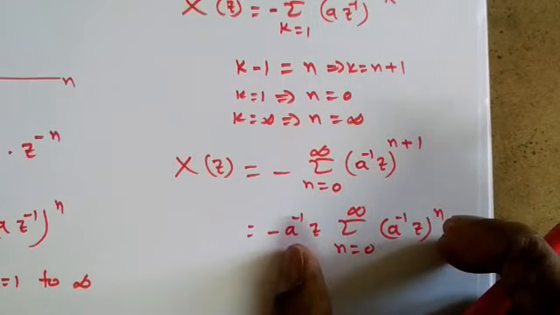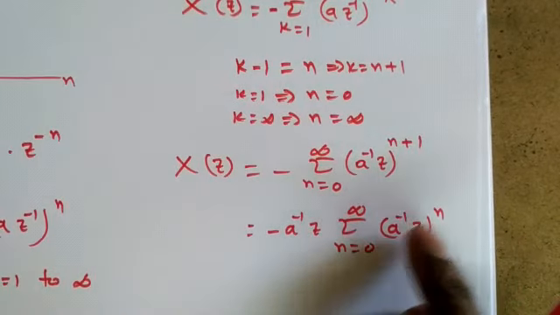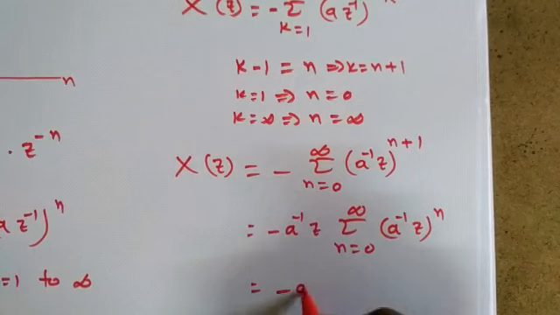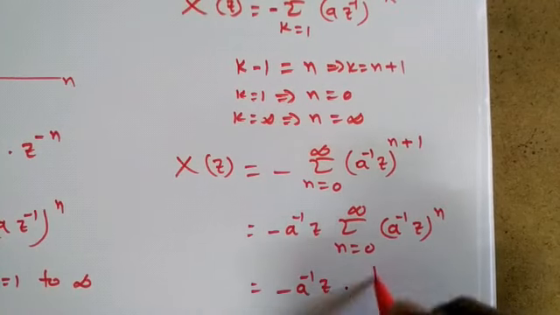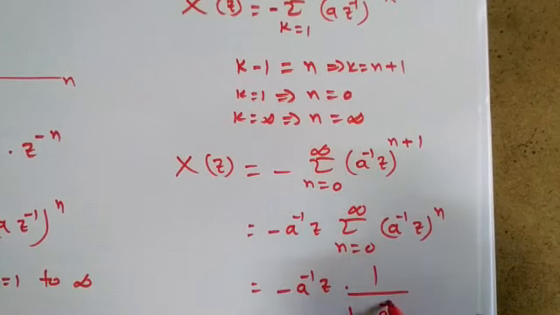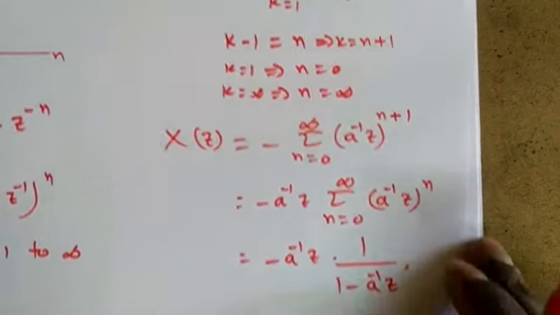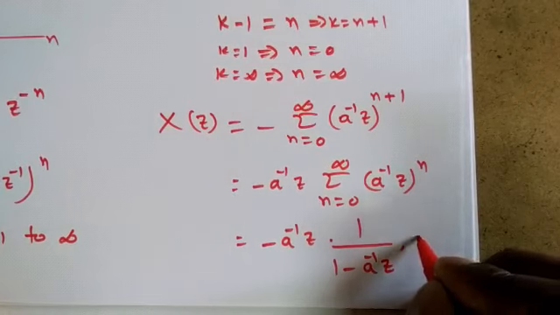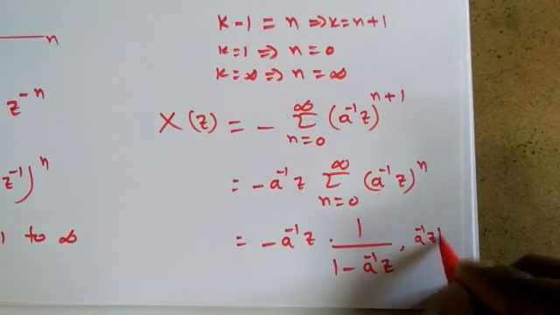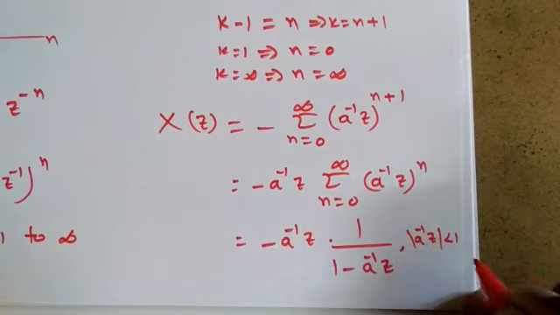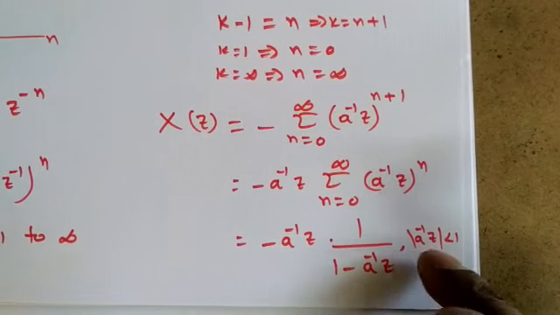Now it's looking like our formula, that is sum 0 to infinity a power n. So what is the value we'll get? A inverse z into 1 by 1 minus a inverse z. And what is the condition? The ROC will be mod a inverse z less than 1. So a inverse z means z by a.